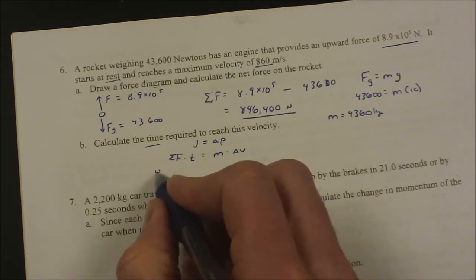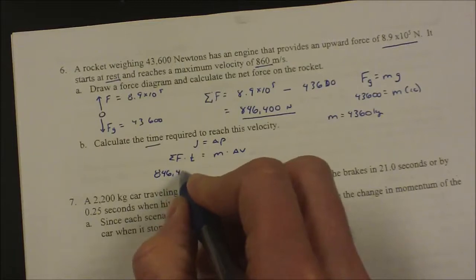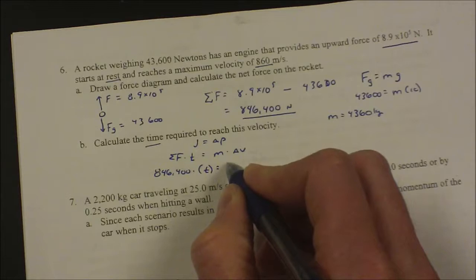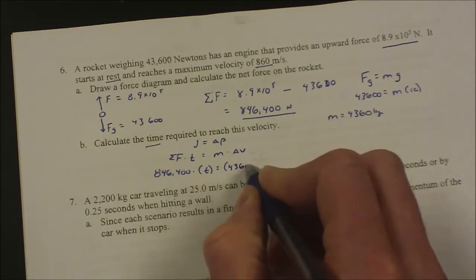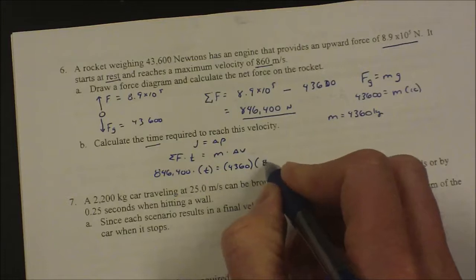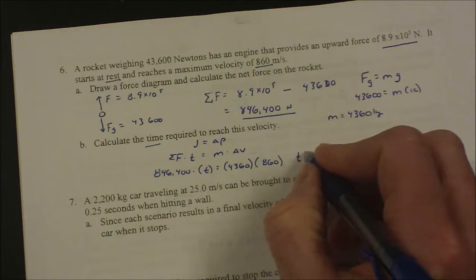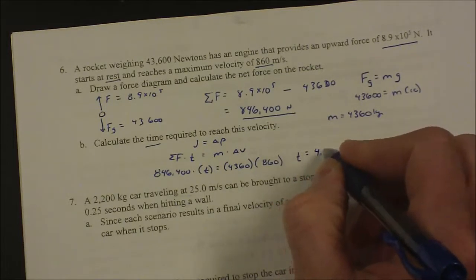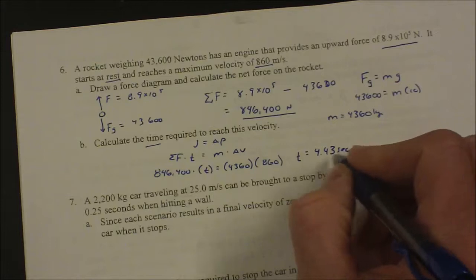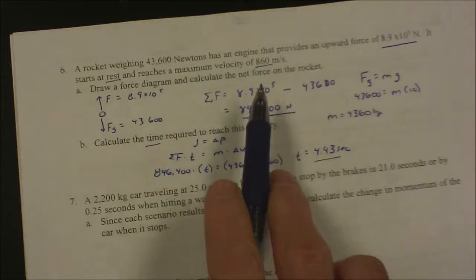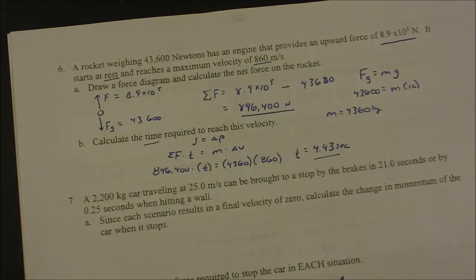So I have a force already calculated in part A times the time, mass, which I decided to figure out ahead of time, times my change of velocity of 860 meters per second. When I calculate my time, I end up with 4.43 seconds. That will be the time for my rocket to reach the speed of 860 meters per second. If I did net force equals mass times acceleration and used some distance equations, I'd come up with the exact same answer.